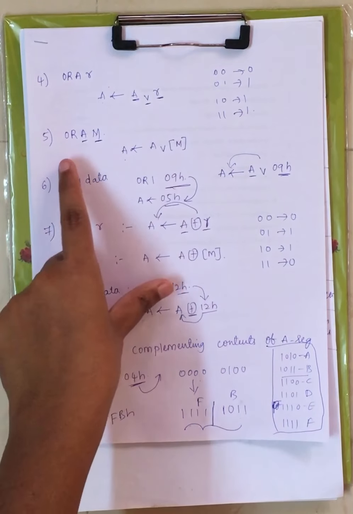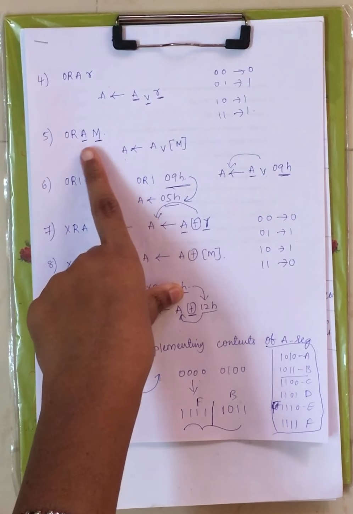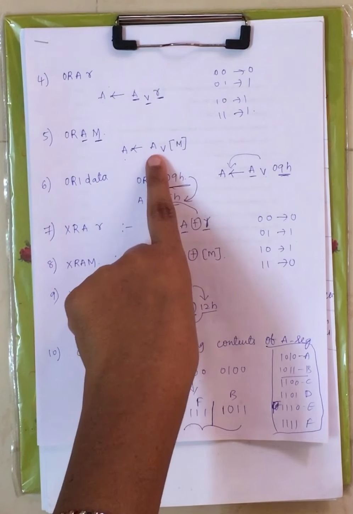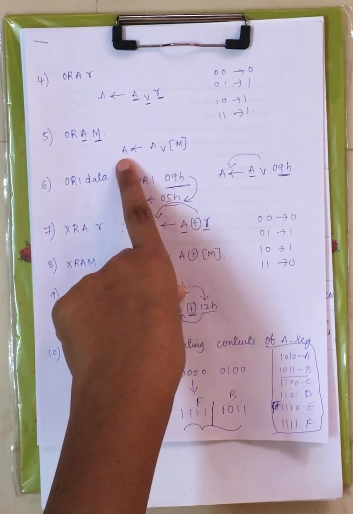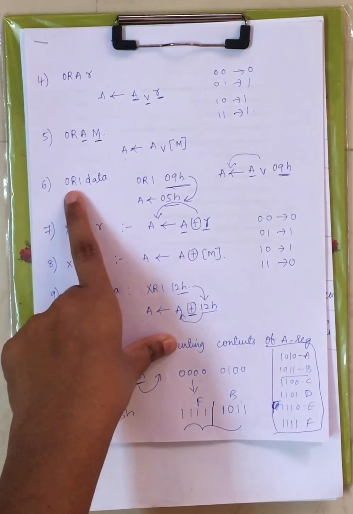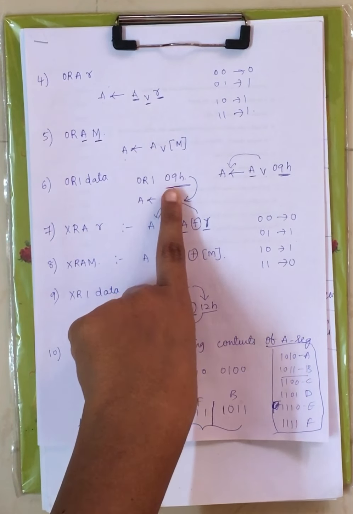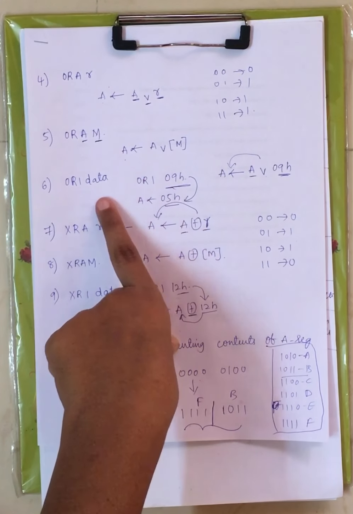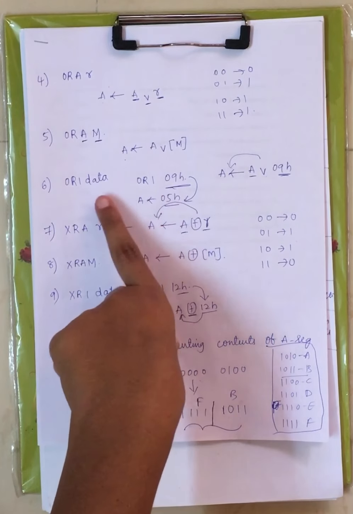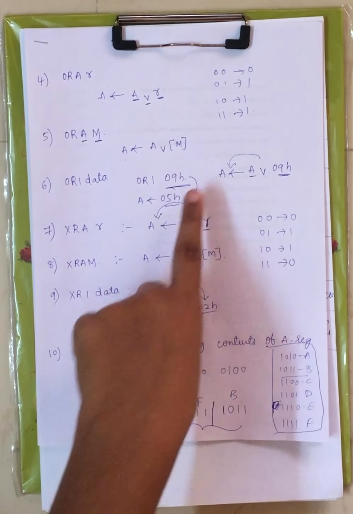Now ORAM will do the logical OR operation between the contents of the memory location and the contents of the accumulator, and the result is stored in the accumulator itself. Now ORI data: directly the data is specified within the instruction. With that data and with the contents of the accumulator register, we are performing the logical OR operation, and the result is stored in the accumulator itself.